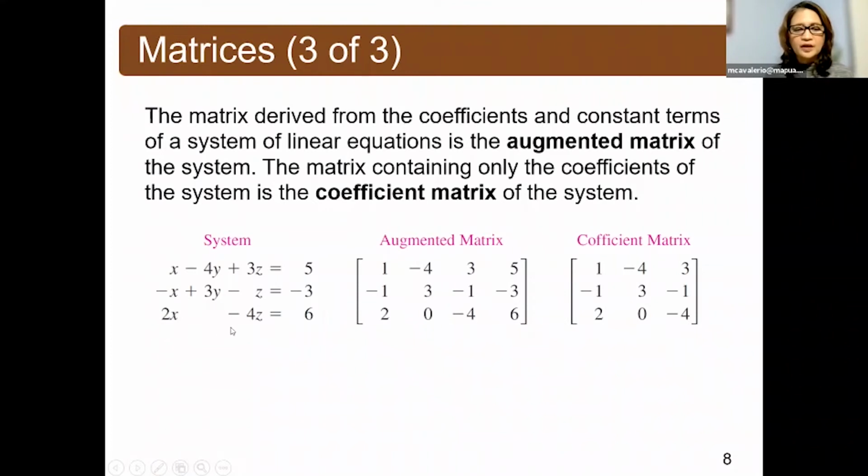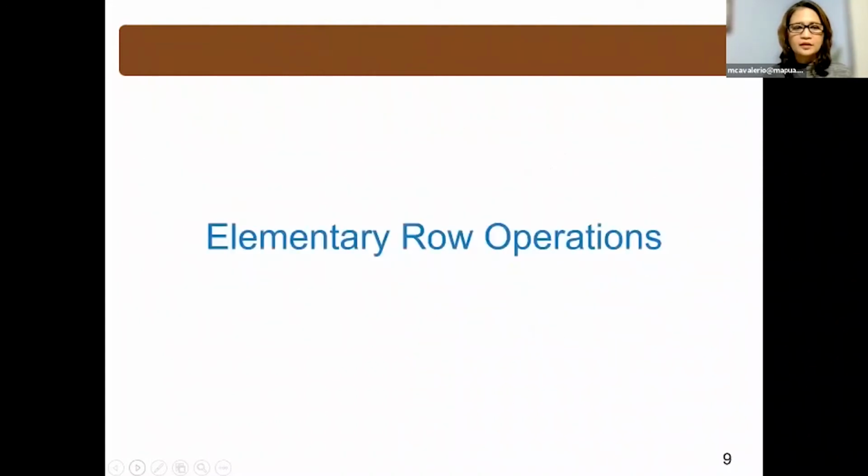You have 2x minus 4z is equal to 6. The augmented form of the matrix of this particular system is simply all the coefficients of the variables in the first 3 columns of the matrix, and the last column being the column of constant terms. Now, the coefficient matrix is obviously all the coefficients of the variables x, y, and z.